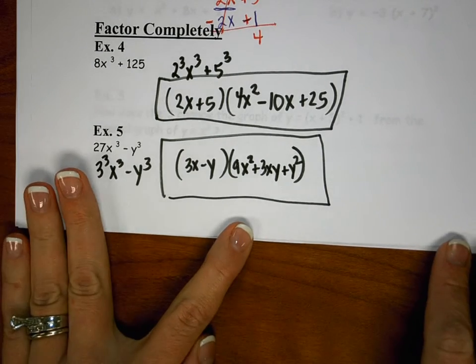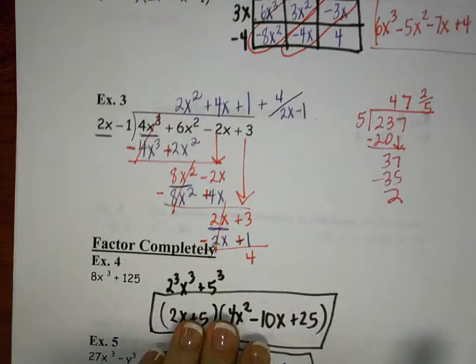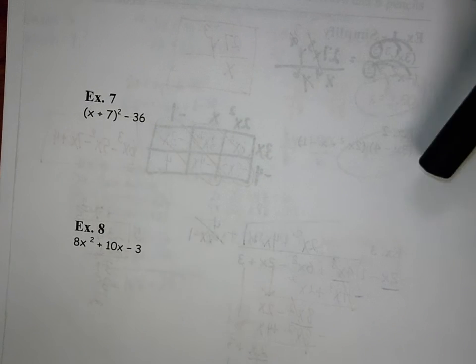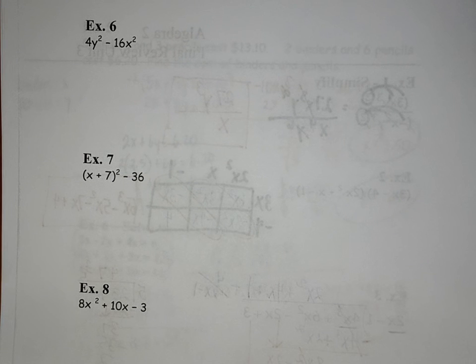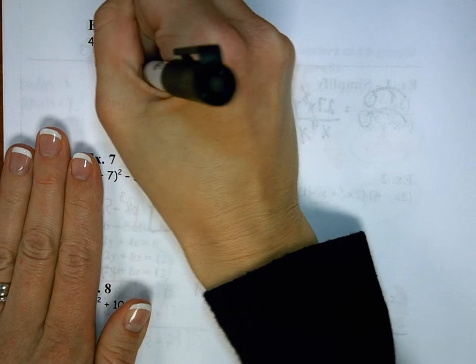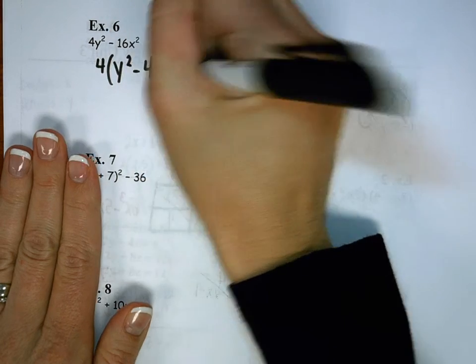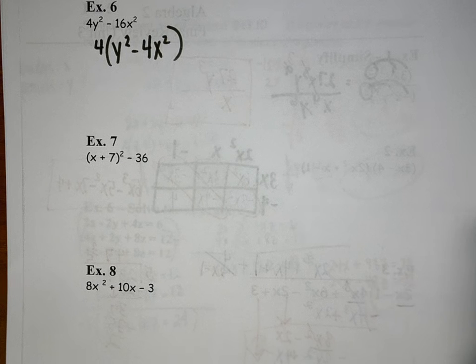Okay, any questions on those? Okay. Moving on. Whenever you're factoring, what should you always check for first? GCF. What is my GCF on this problem? 4 is correct. So we take out a 4, and we are left with y squared minus 4x squared. Whenever you just have 2 terms, and if you've already taken out a GCF, you just want to check if it is a difference of squares.